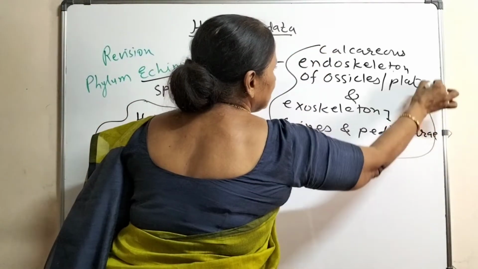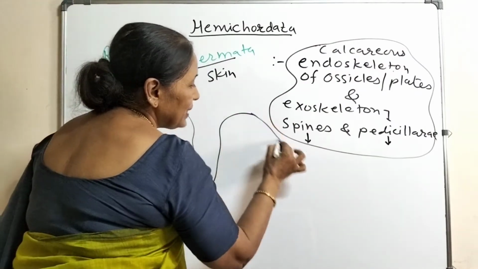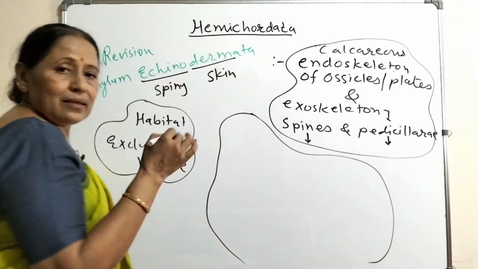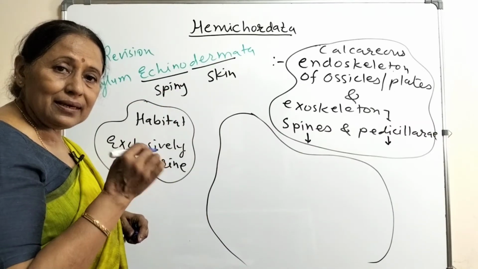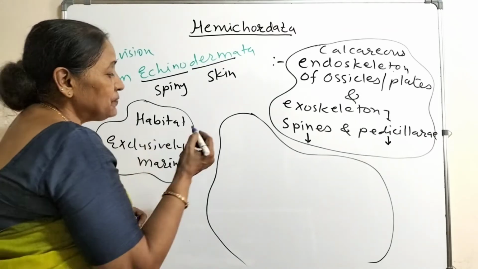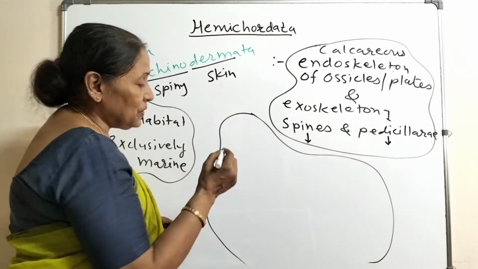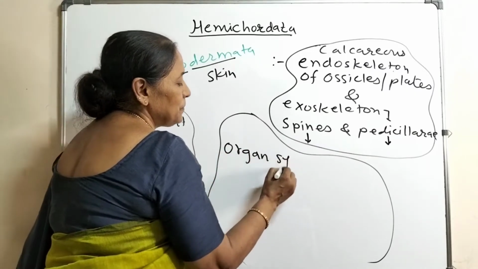What about their general characters? For general characters, we are always following the same sequence as it is given in NCERT during the basis of classification. So the first is level of organization. This is organ system level of organization.